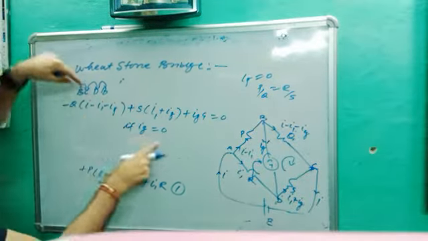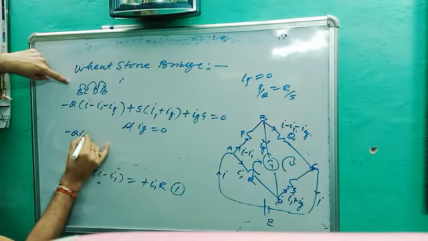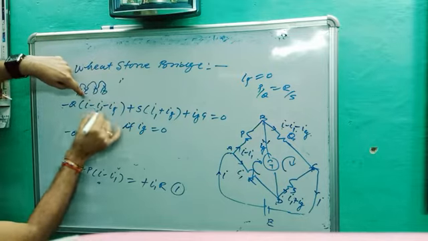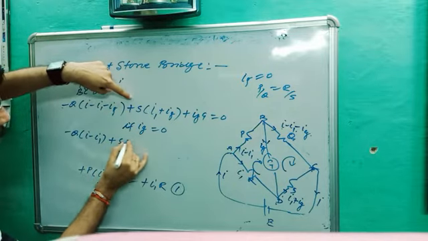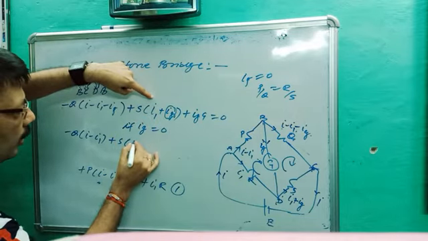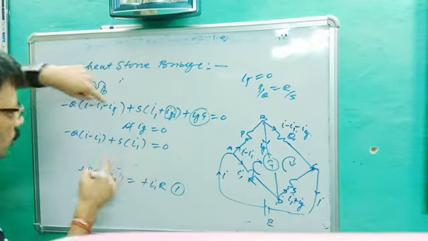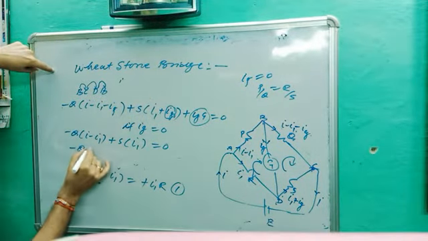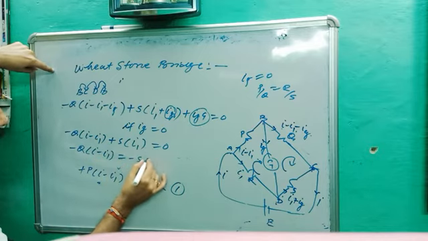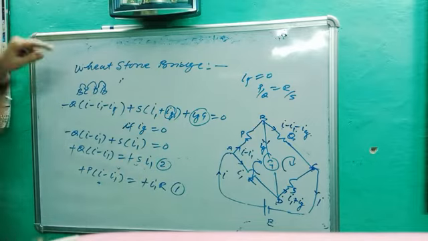So if Ig is equal to 0, modify the equation. We get minus Q(I minus I1) plus S into (I1 plus Ig), but Ig is 0, so only I1 remains, equal to 0. So we get minus Q(I minus I1) equal to minus S I1. Equation number second, minus cancels.